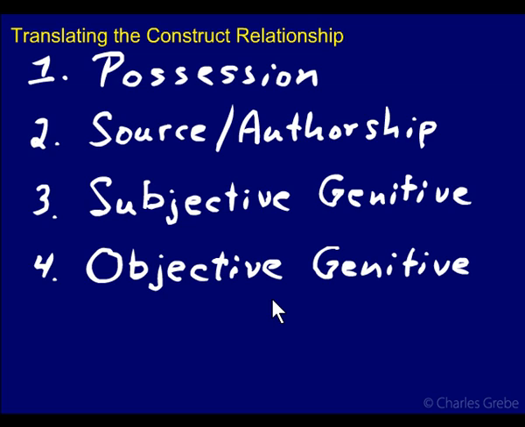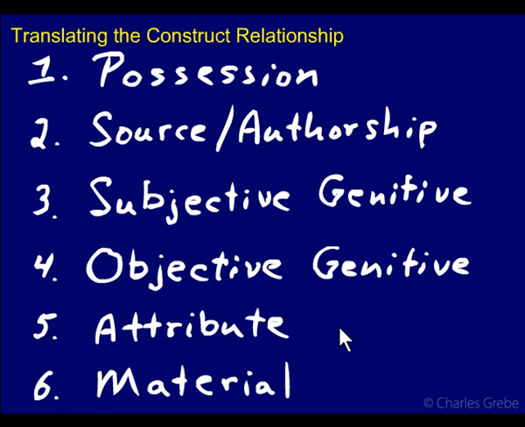So you are fearing the Lord. Fear of the Lord means someone else is fearing the Lord. Attribute, just like an attributive, where the absolute is functioning as an attributive, holy mountain, or eternal covenant. And material, lastly, which is really just a subset of attribute that is explaining what something is made out of.